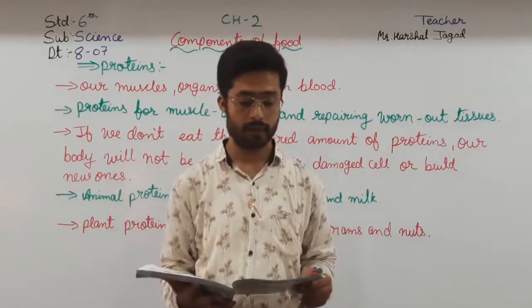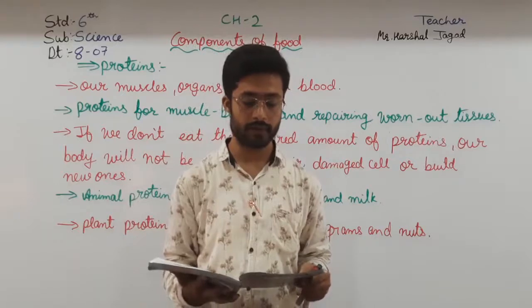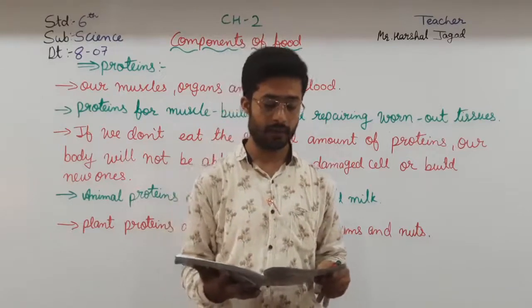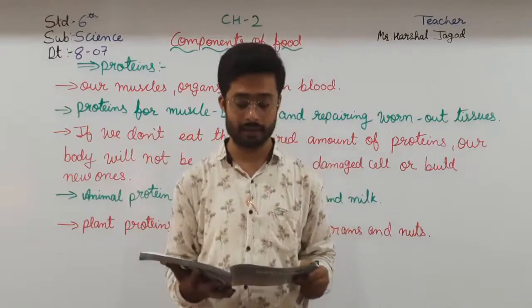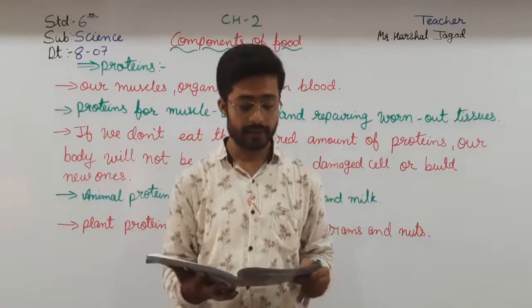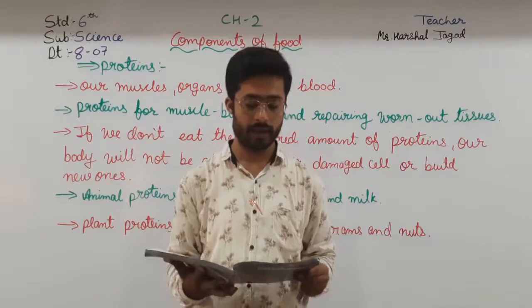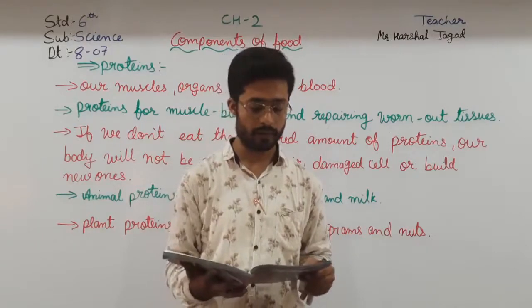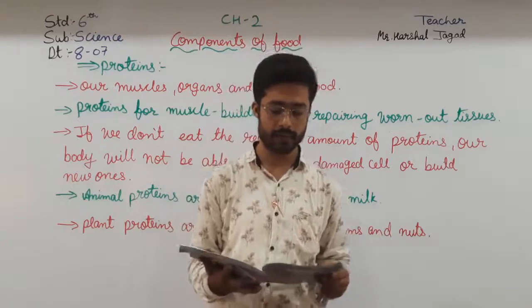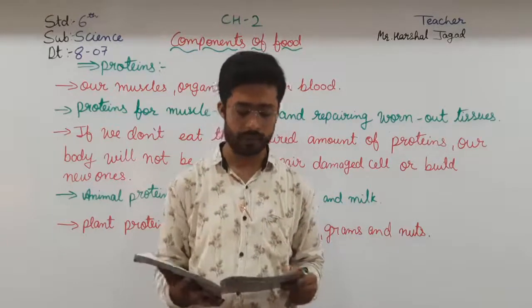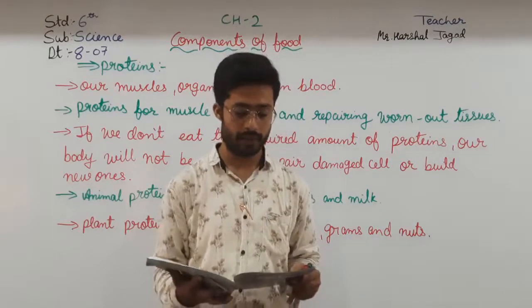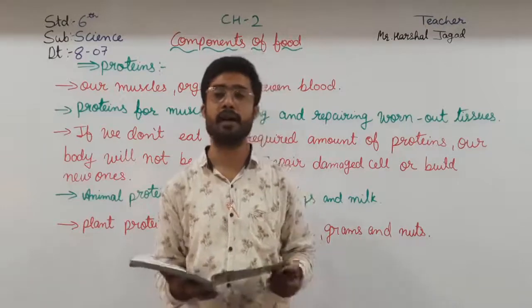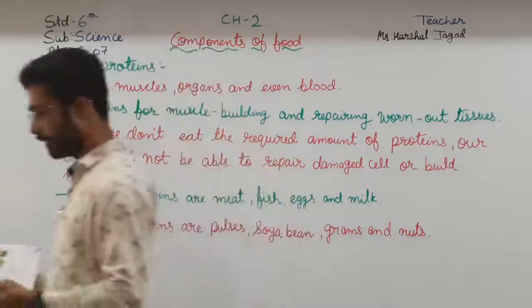Method: crush a small amount of the foodstuff if solid and add it to the test tube. Add some water to the test tube and shake it well. Next, heat the test tube for 1 minute. After the test tube has cooled, add 2 drops of copper sulfate solution and sodium hydroxide solution to it. Observation: if the food sample turns purple or violet, then the proteins are present.